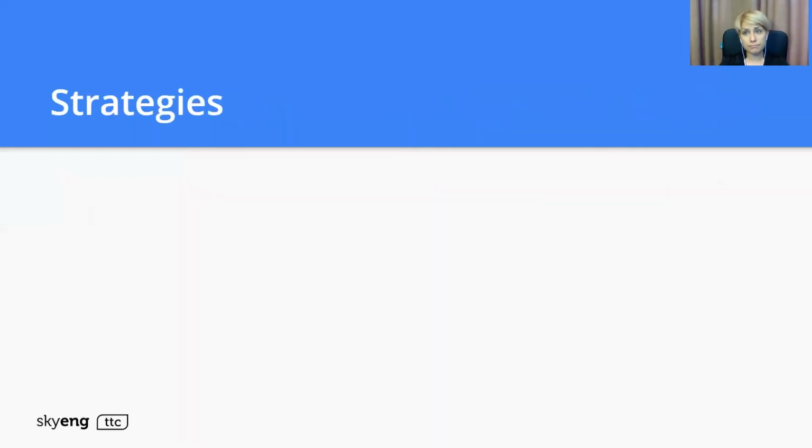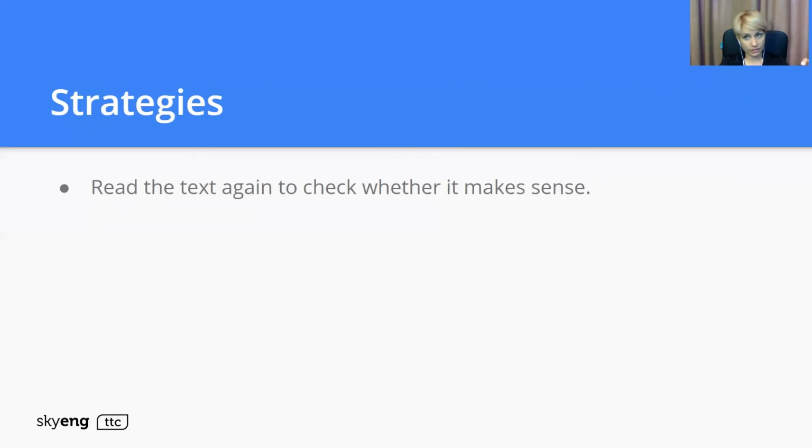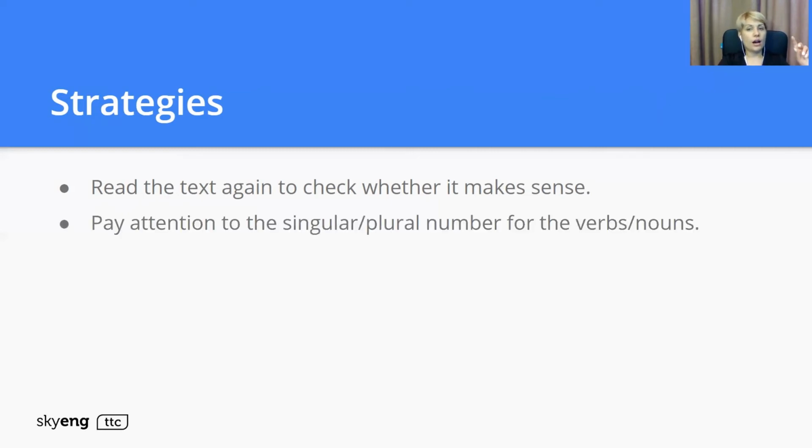And actually, after this work is done, we move to the strategies that we can apply after the task. So we read the text again, check whether it makes sense. In EGE, we pay attention to grammar form of the verbs too. We pay attention to the singular, plural, number of the verbs and nouns.